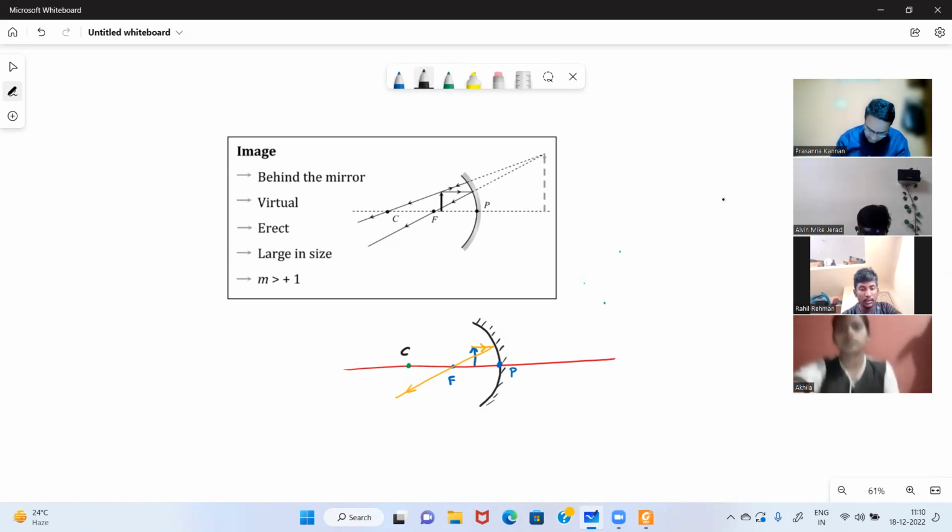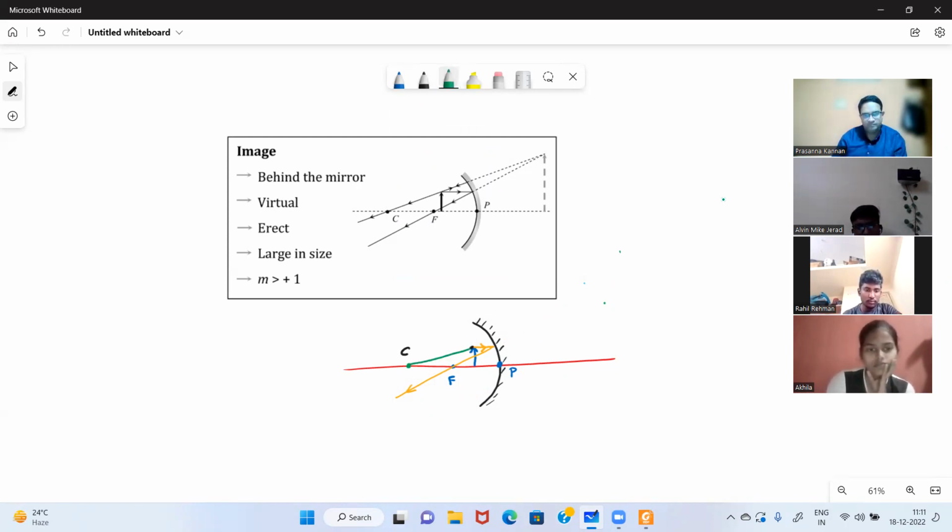You know what this point is? Center of curvature, right? Now, from the center of curvature, through this object, you can draw one line. Are you able to see this? Yes, sir.